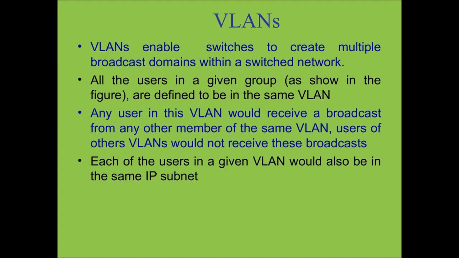And if the class C addressing scheme is being used for any other department, any other VLAN, then all the users in that VLAN must configure the same IP addressing scheme for all the users of that subnet, of that VLAN.